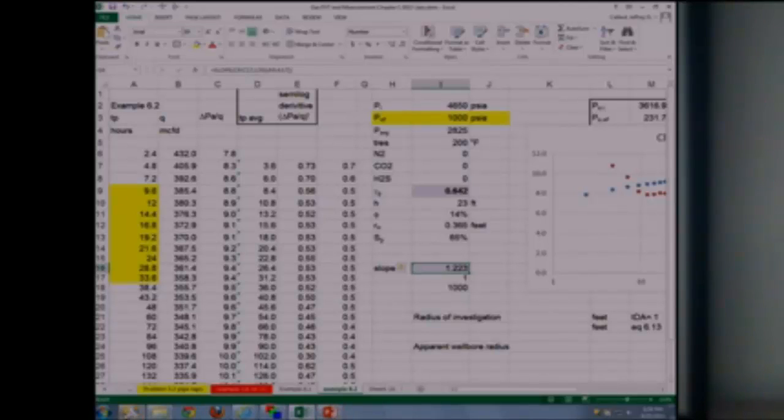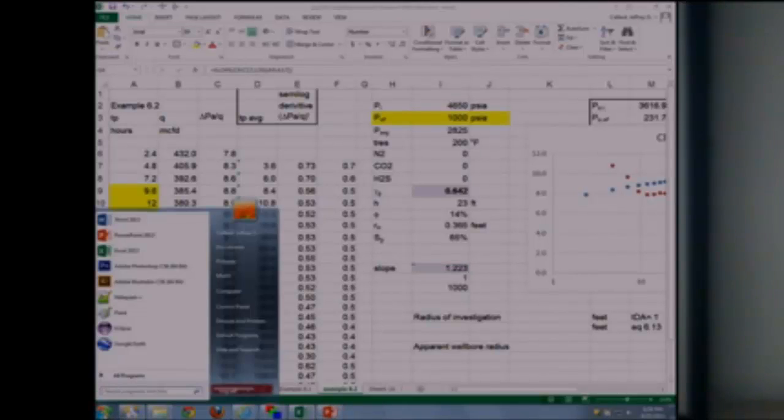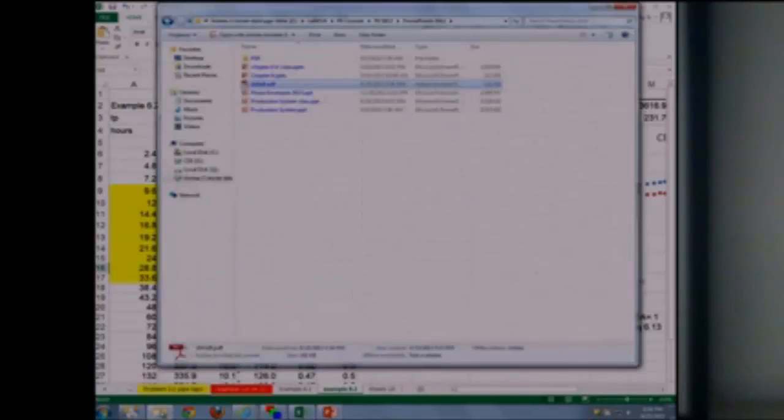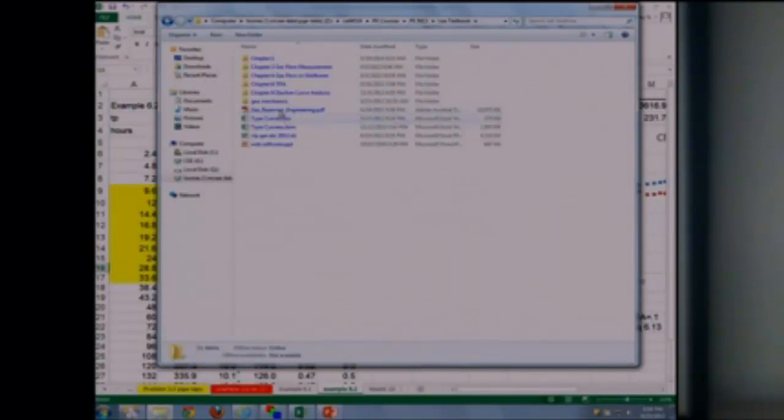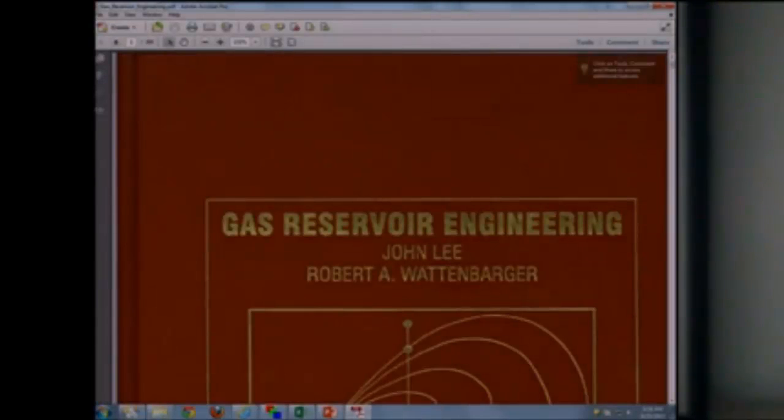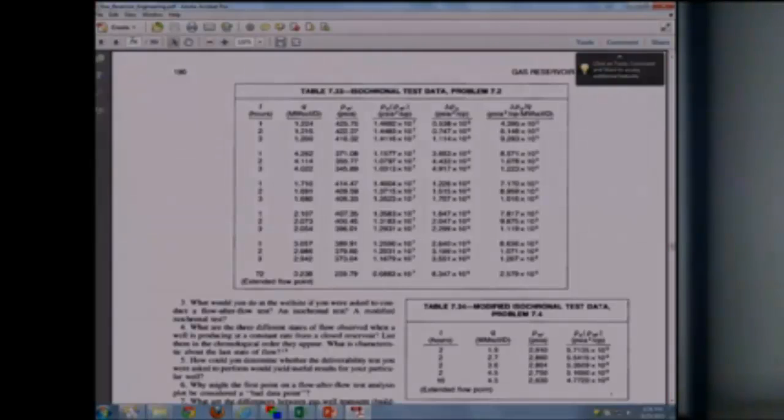I need to get my textbook open. Let's see if they got a slope. Anybody have any idea what page we're on? 120.